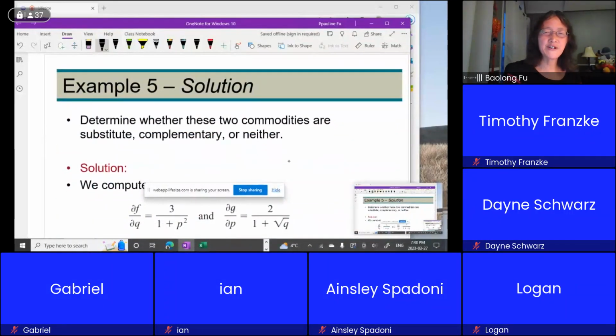Determine whether those two commodities are substitutes or complements.